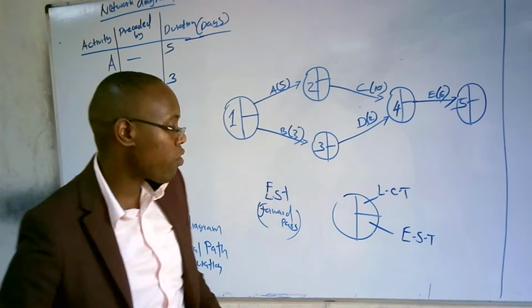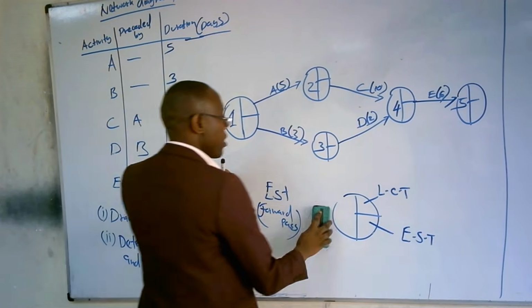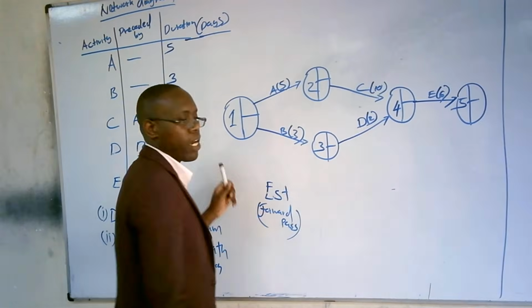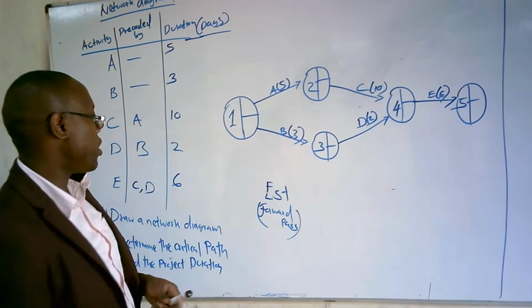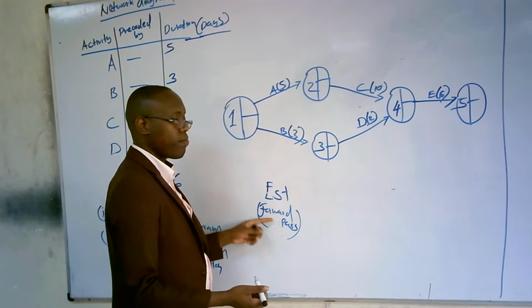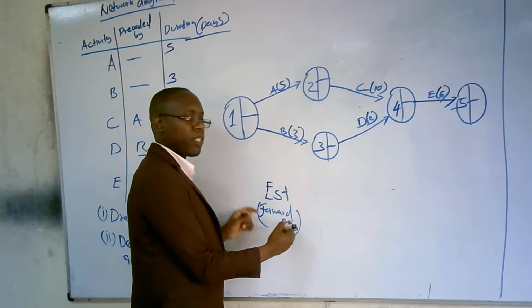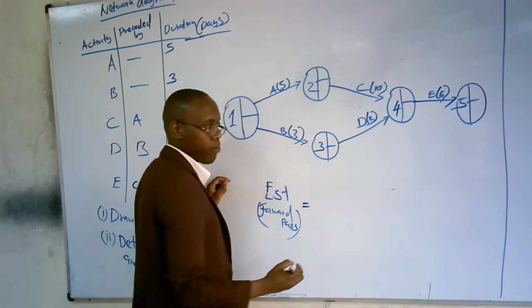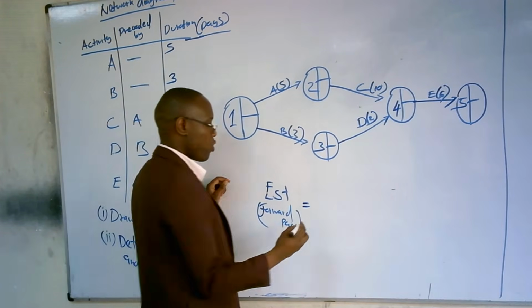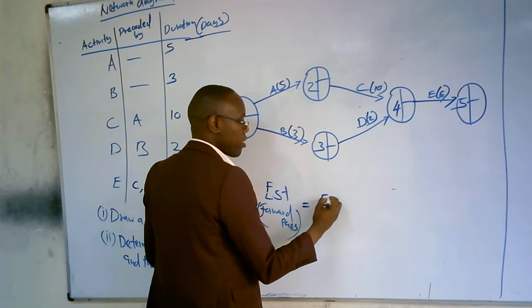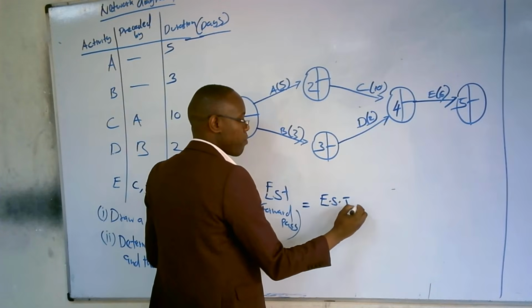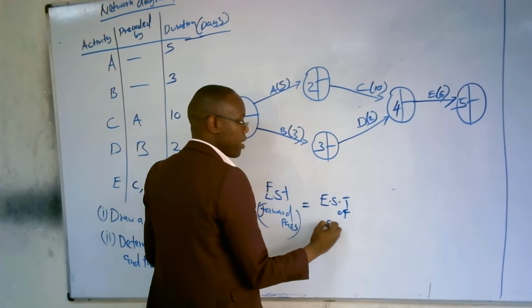So now, in terms of finding the earliest start time, which I have said is also known as the forward pass, it is going to be given by this particular formula.